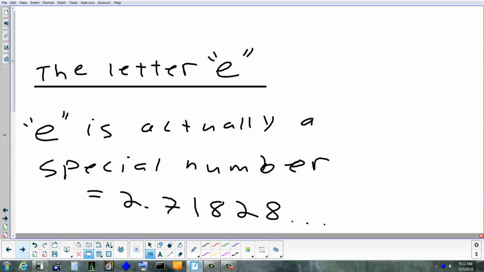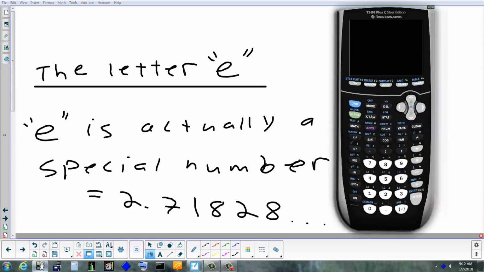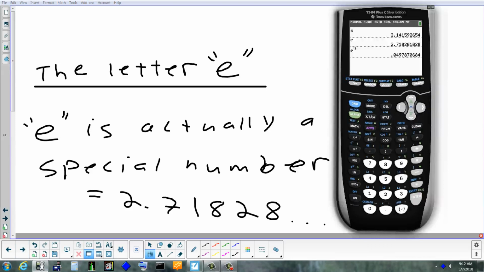You're going to have to figure out on your calculator where your E button is. On mine, I have to press second E. I can show you on my calculator. Does anybody have one that's similar to mine? Actually, can I see yours for a second?